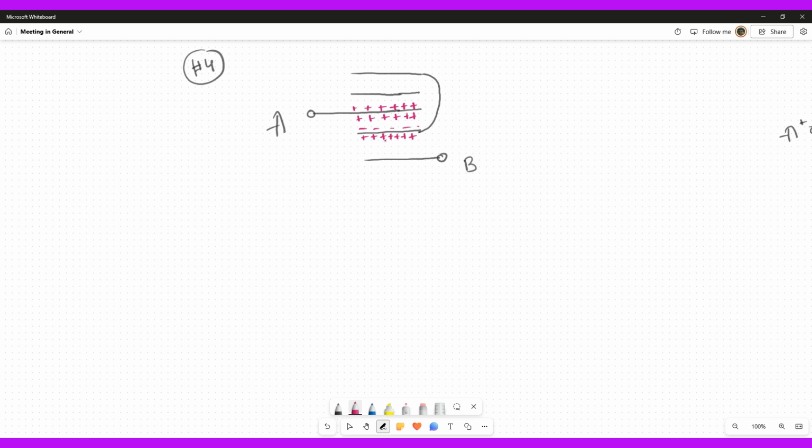Okay, and here minus and this one plus, same charge, because no battery connection is there. So charge on it will be 0, net charge on it also will be 0, but not on this. It will have negative charges over there. And here again, this is negative and this one positive.